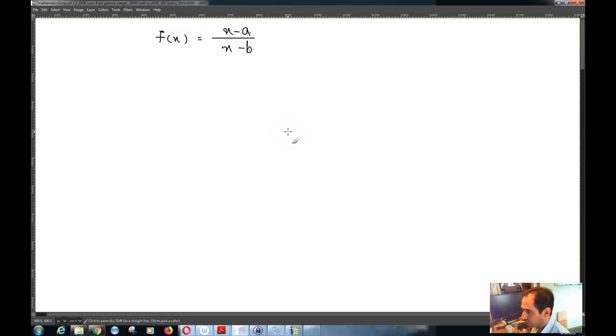Okay, so you can think of this as basically two functions. We said that if you have u by v whole prime, it is equal to u prime times v minus u v prime over v squared.